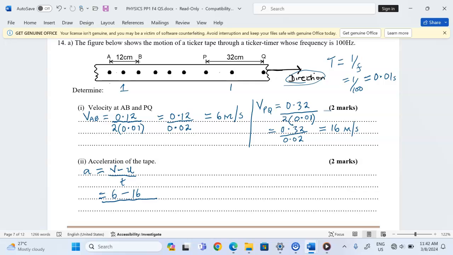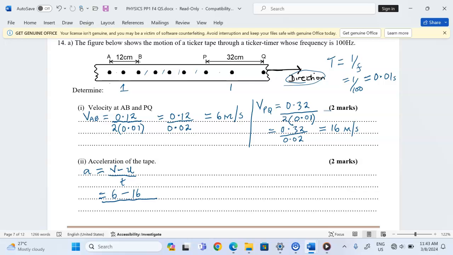But now between B and P, we are going to take the complete number of intervals. So we have 1, 2, 3, 4. So the 4 spaces between B and P are going to be added to half the spaces in this region and half the spaces in the other region.